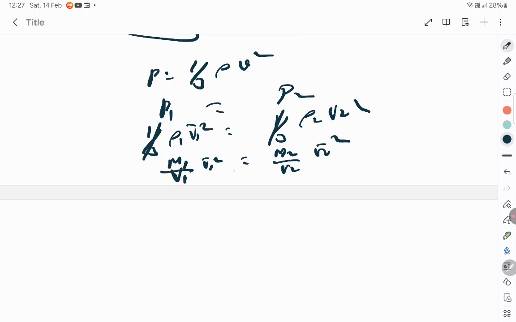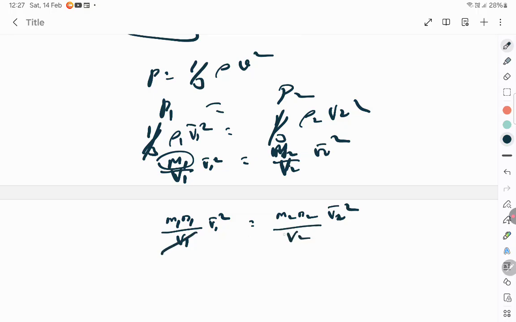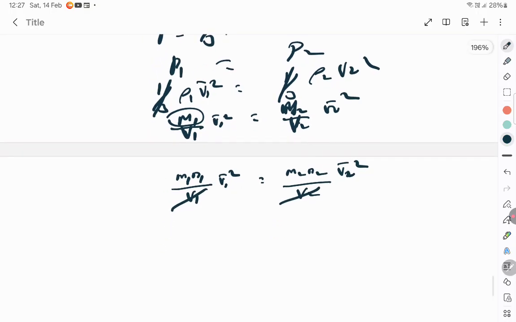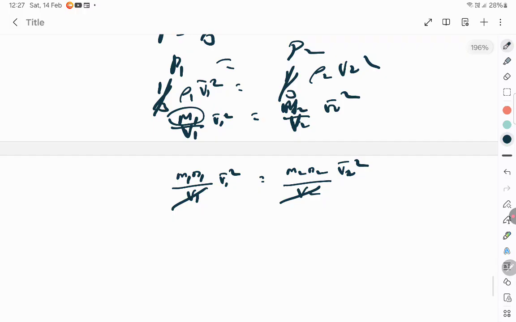This is volume. And this itself is small m1 into n1 by v1 into velocity square is equal to small m2 into n2 into velocity square by v2, but the volumes are the same, so you can cancel. So you get it like this. Mark this as equation 1.